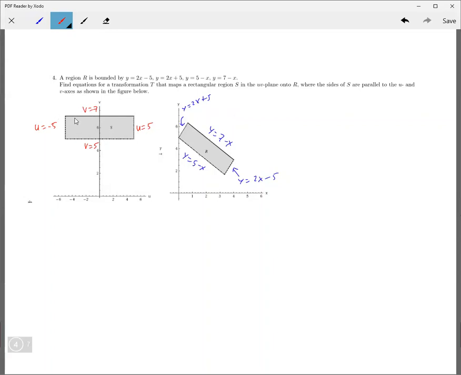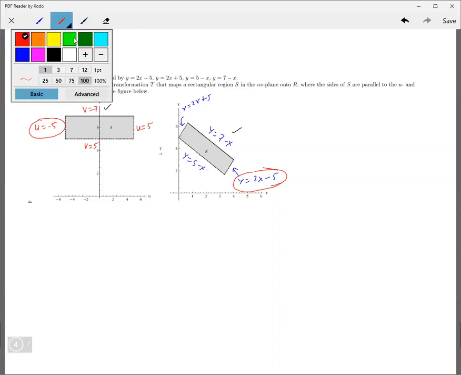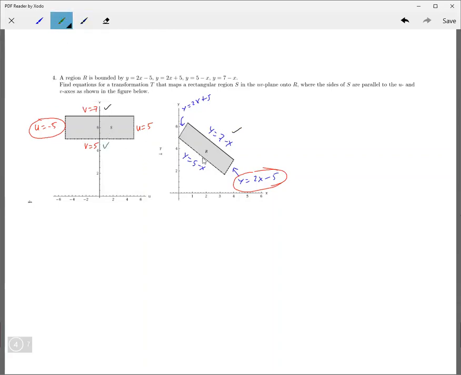Each of these has to map to one of these sides over here. There's a 5 and a 7 there, and there's a 5 and a 7 there. And then there's a -5 and a 5. So this one's going to have to correspond with this, this one with that one, and this one with that one, and this one with this one.